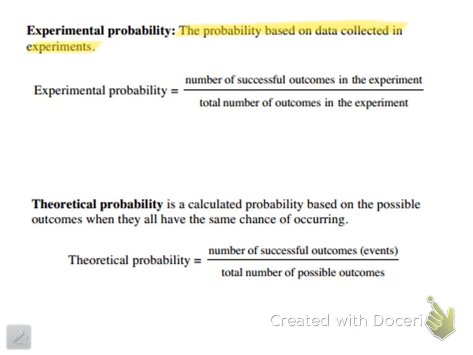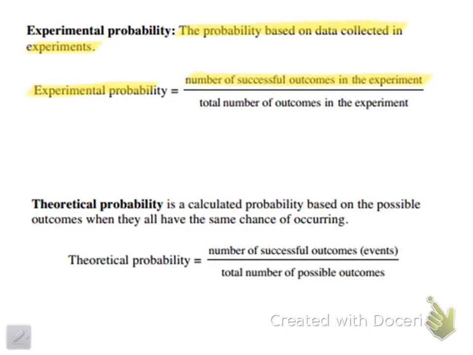Okay, so experiments, flipping a coin, that's an experiment. So the experimental probability equals the number of successful outcomes in an experiment, so the number of events, divided by the total number of outcomes in the experiment.